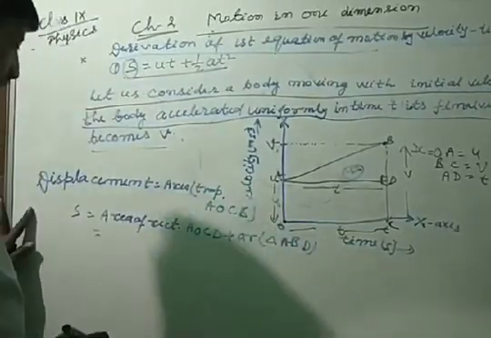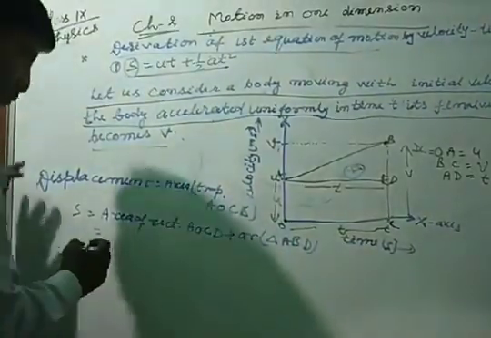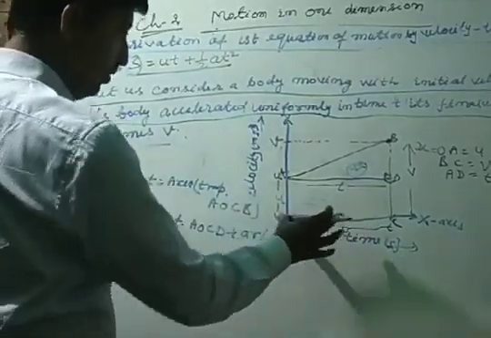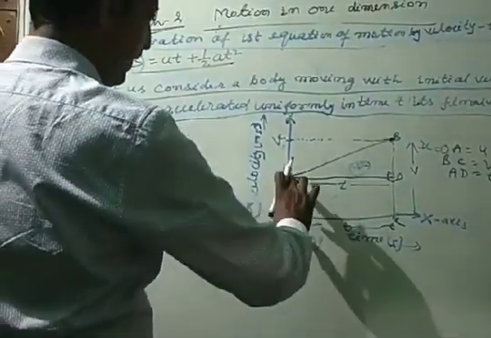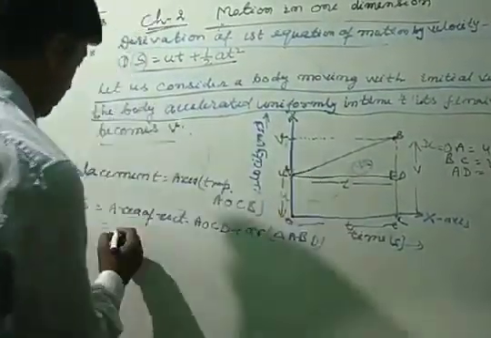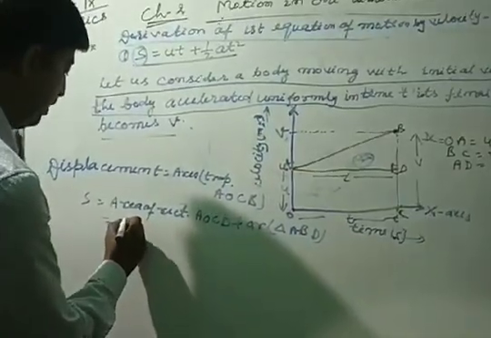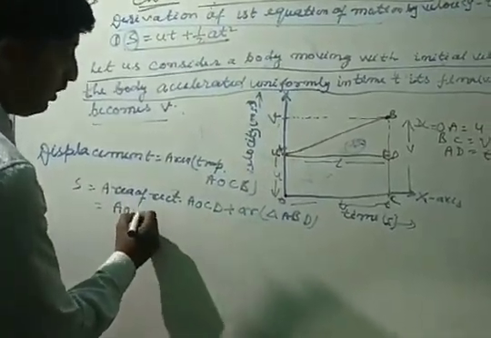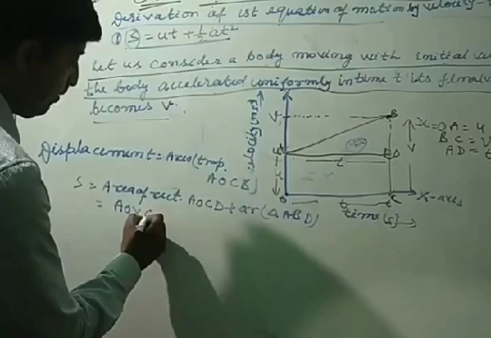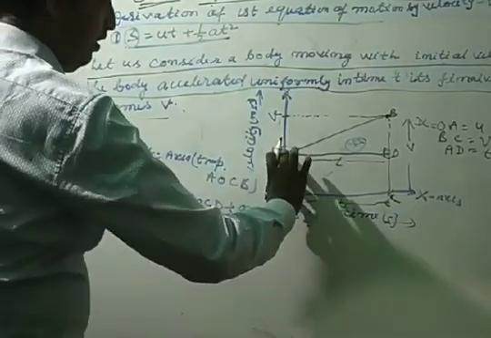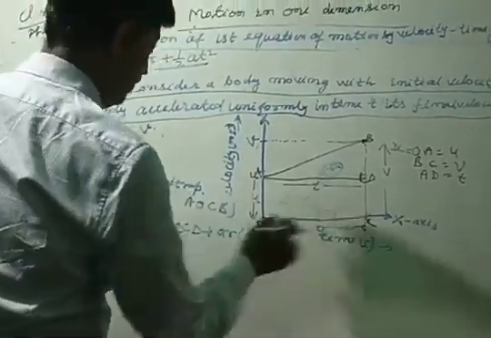Here we know that the area of a rectangle is length into breadth. So the area of the rectangle becomes AO into OC. Here AO is the length and OC is the breadth.